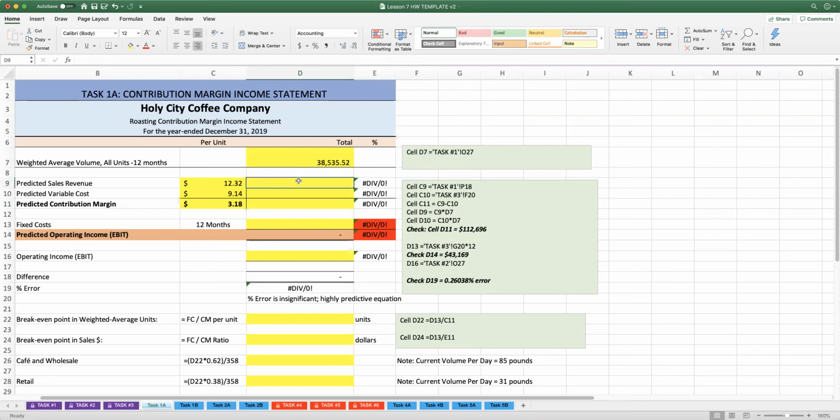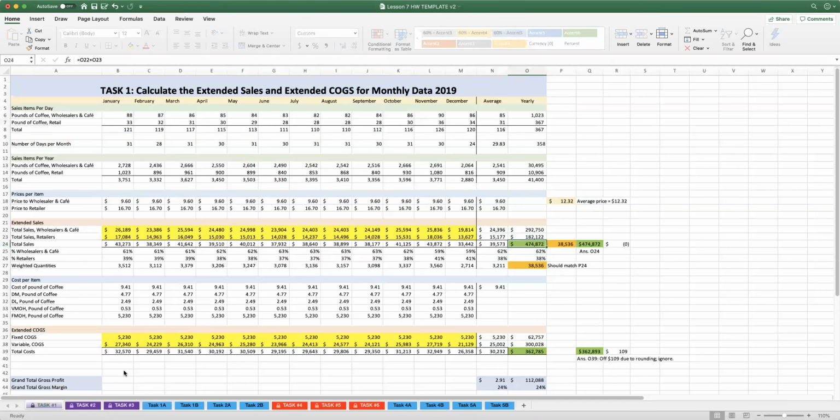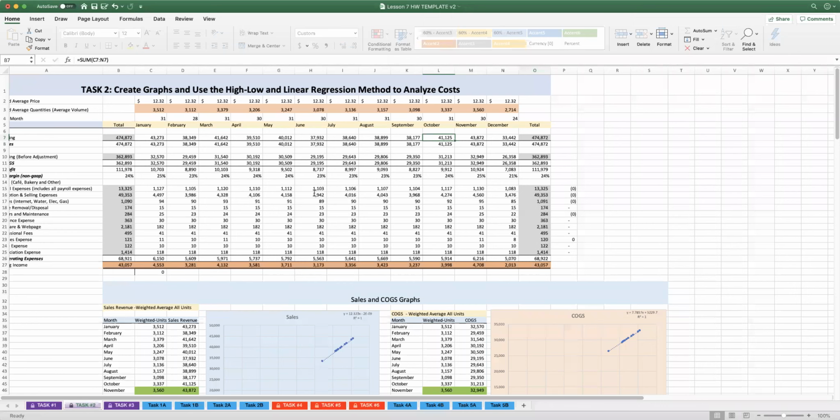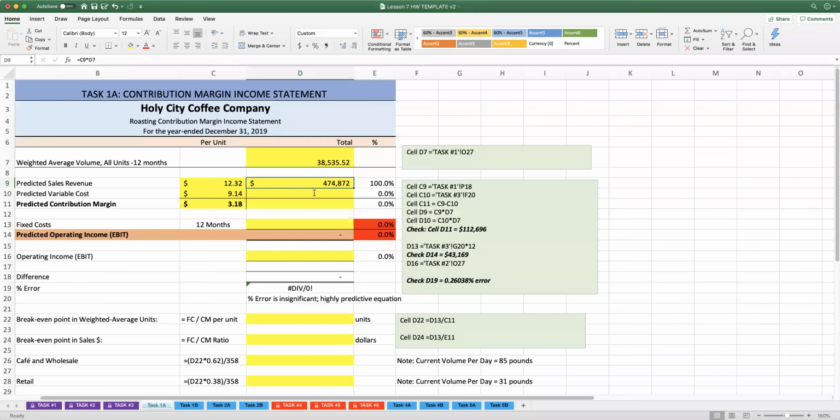So this times this is the sales, and look, it does match total sales right there, right? Which matches your income statement right here. Same number, it all jives. All right, this will be your variable cost. You haven't seen this answer before.